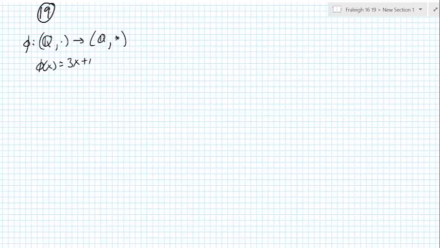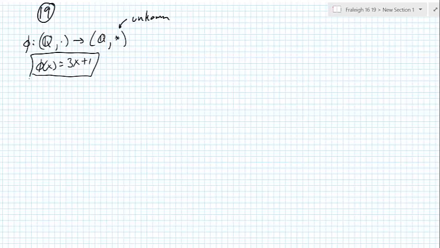Okay, so in 19, we're given a map from the rationals with ordinary multiplication into the rationals with some unknown operation. And we're told what the map is. We're told that the map is phi of x goes to 3x plus 1.